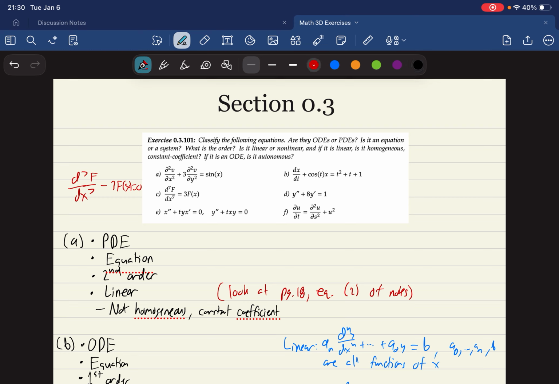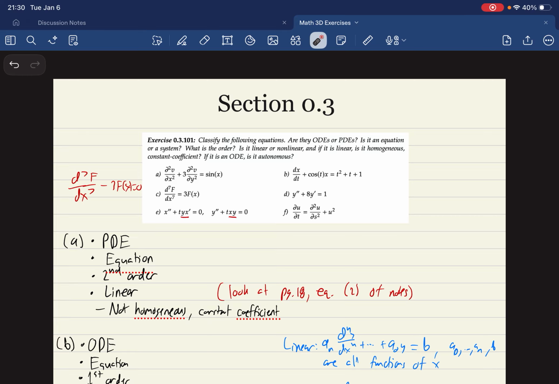The reason why is because here we notice that we are taking the two functions. Actually, let me rewind. In the previous example, like part B, our independent variable was t, and the function we were solving for, x, was a function of t. Here, the functions we're solving for are x and y.